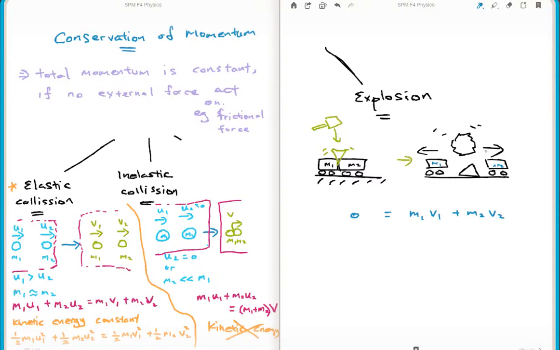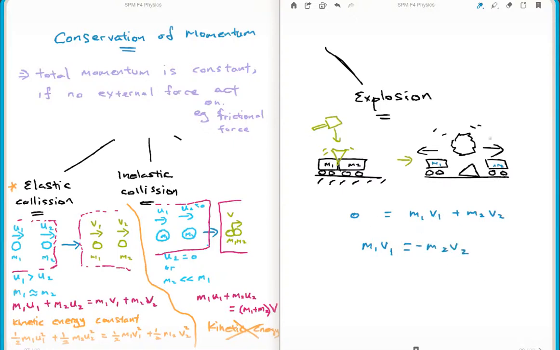Okay, so maybe I'll put a few more things here. The total momentum is conserved, again because it's conservation of momentum. If you were to rearrange this, what we have here is M1 V1 is equal to, putting the other side, the negative of M2 V2.